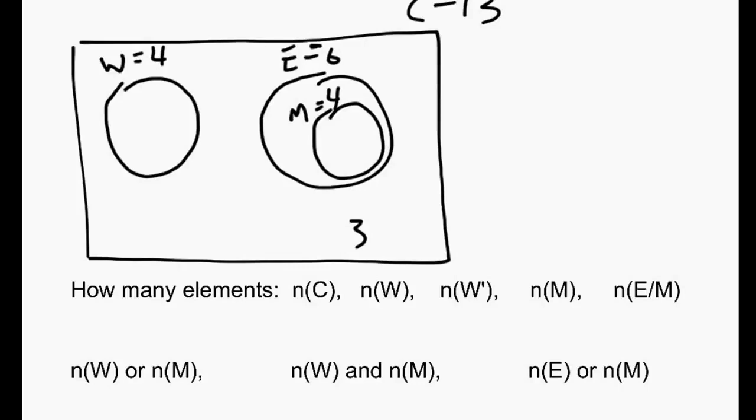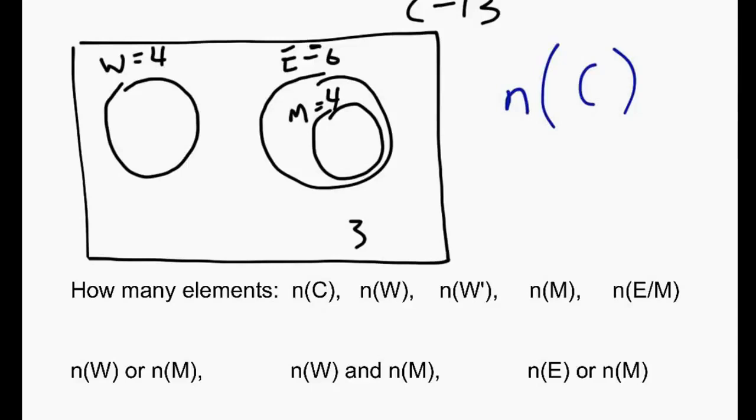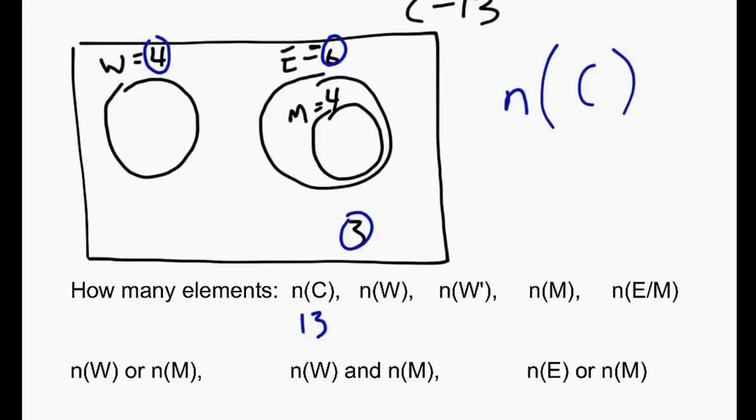The notation we use is a small n and then brackets. So when we say n of C, that means how many elements are in C. And in this case, C is our Canada. So we have 6 eastern, 4 western, and 3 territories. We'd add up all of those numbers, 6, 4, and 3. We'd say there's 13 elements in all of Canada.